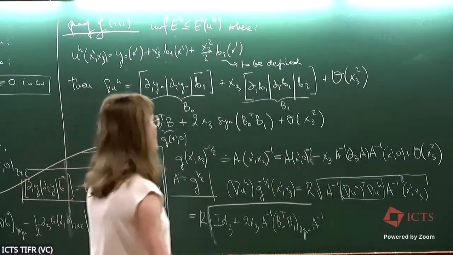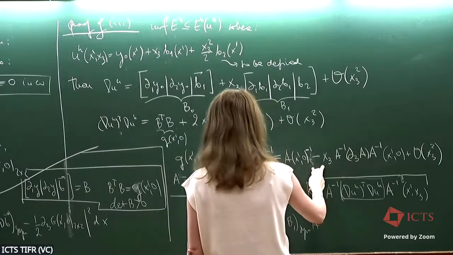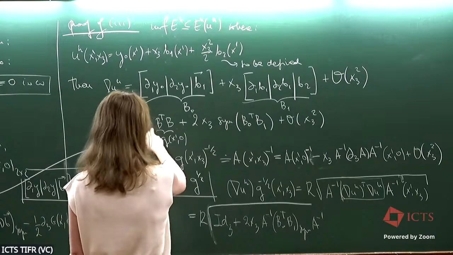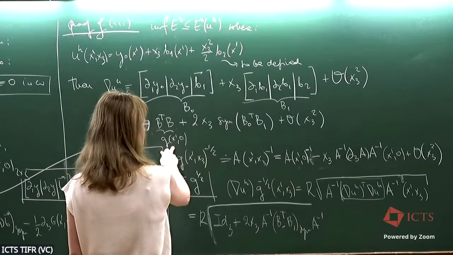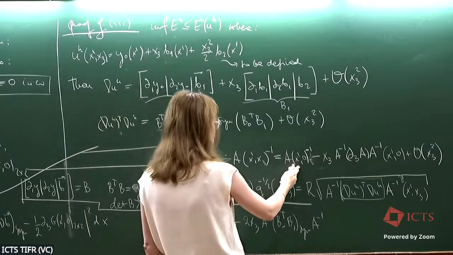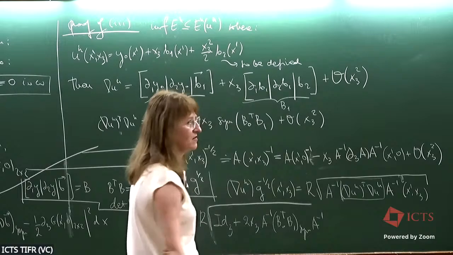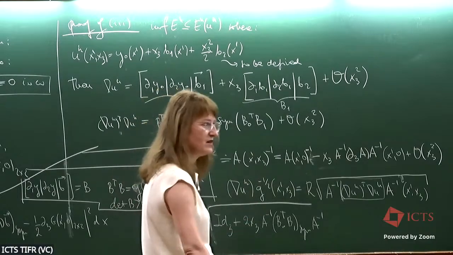So I will have this times B0 times B transpose B, which is G, and times A inverse from the right, twice symmetric part of it, because everything is symmetric.